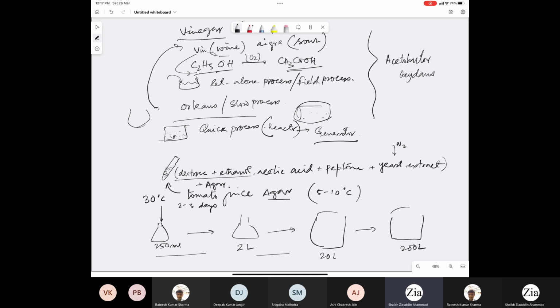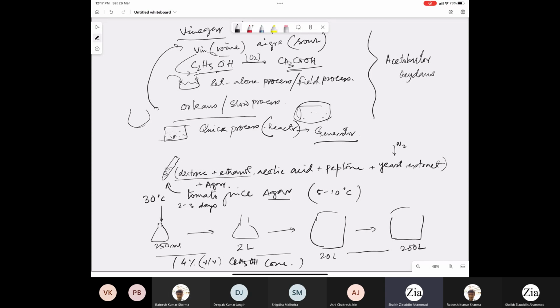In all these shake flasks, you will try to maintain at least 4% volume by volume alcohol concentration, that is ethanol concentration. If you have a very low alcohol concentration, suppose the bacteria have already utilized all the alcohol, then they will not be able to survive, because they will go into starvation, because alcohol is their food.